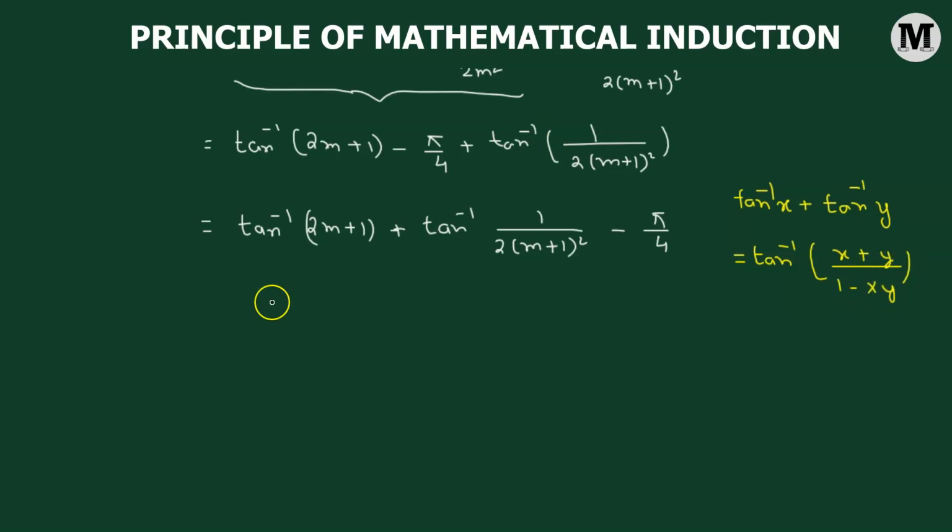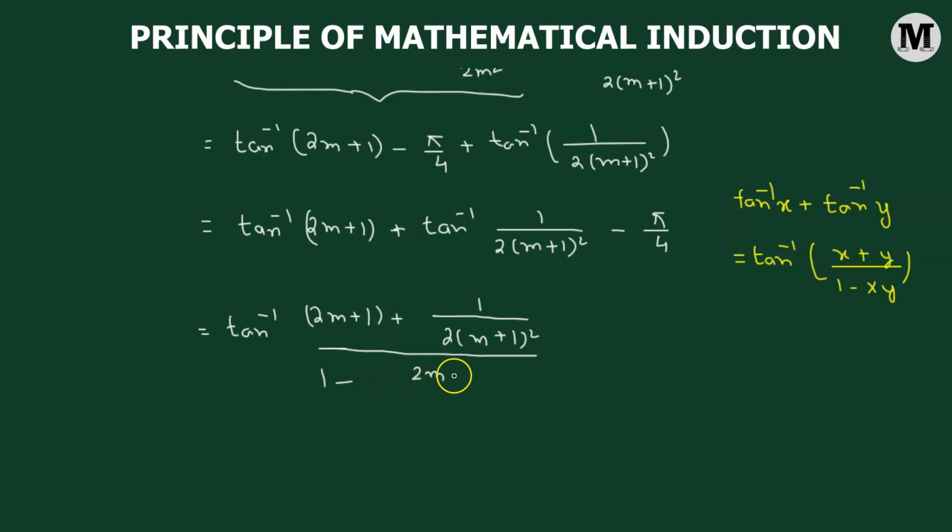So when we combine, we are going to get tangent inverse of 2 times m plus 1, added to 1 over 2 times (m plus 1) whole square, whole divided by 1 minus the product of 2 times (m plus 1) and 1 over 2 times (m plus 1) whole square. Fine. We'll have to simplify this, and we have the second term, which is negative pi over 4.